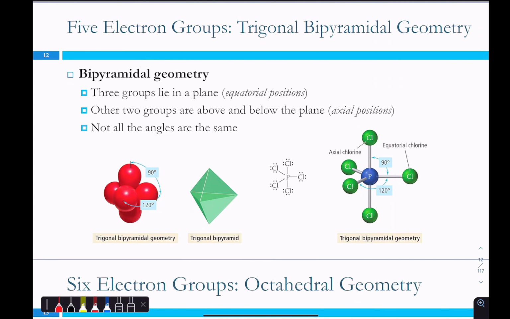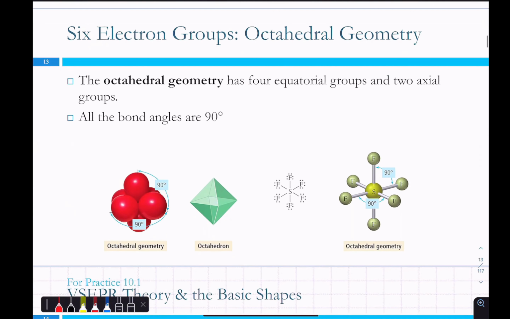And then the last one that we're going to talk about is the octahedral. So now it's 2 4-sided pyramids, but we don't call this square. We'll use something else. Quadrilateral bipyramidal or something.